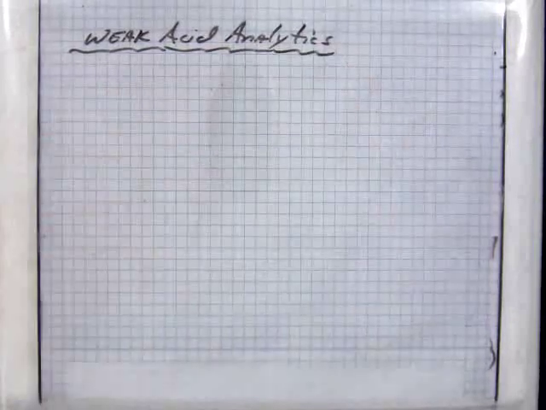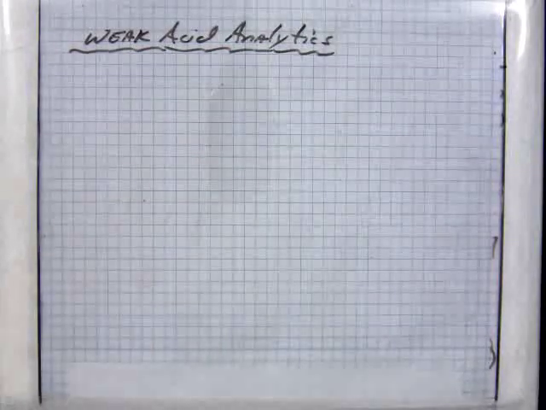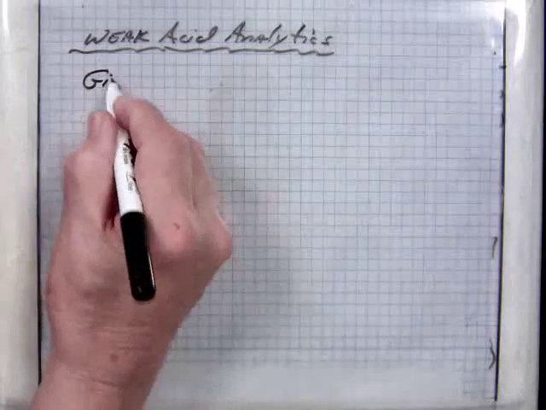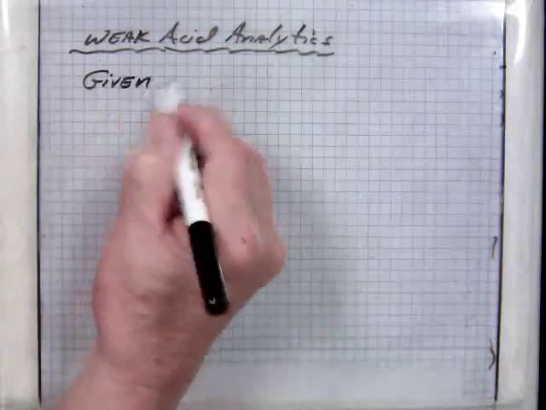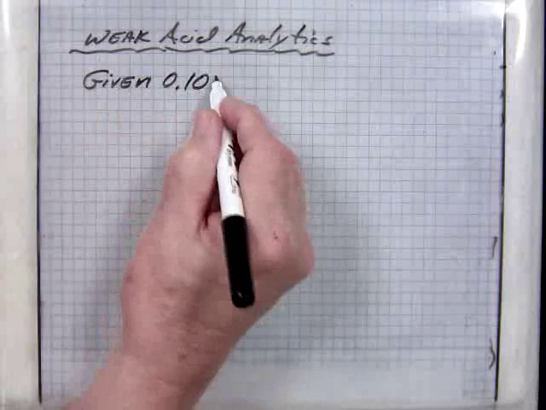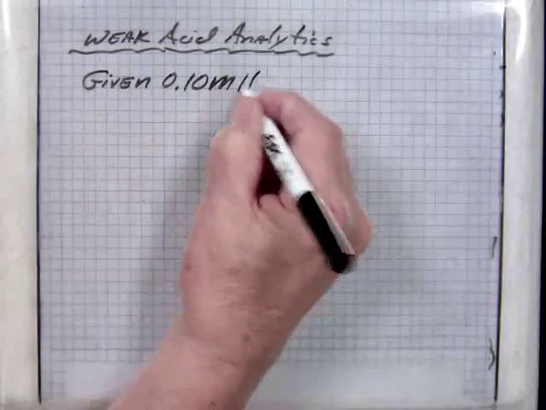We're going to determine the pH, pOH, and hydronium and hydroxide ion concentrations of a weak acid. Let's say we're given a 0.10 molar acetic acid solution.